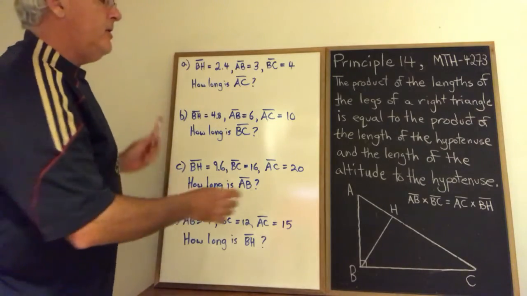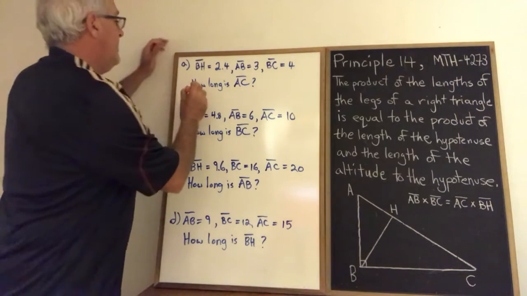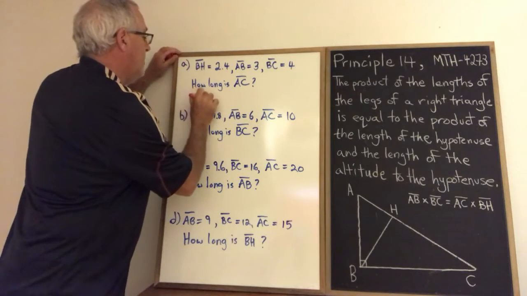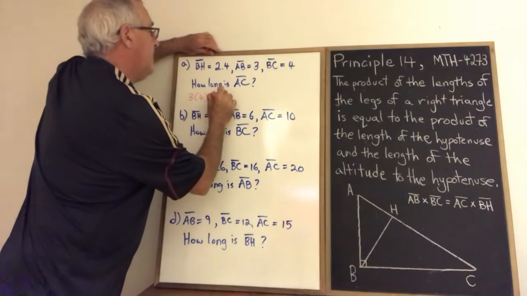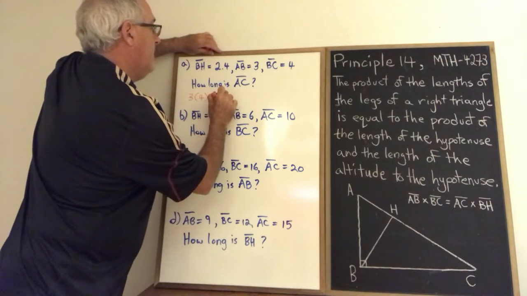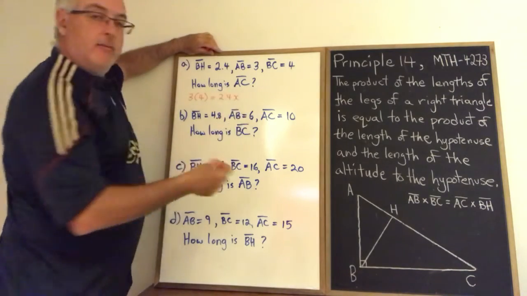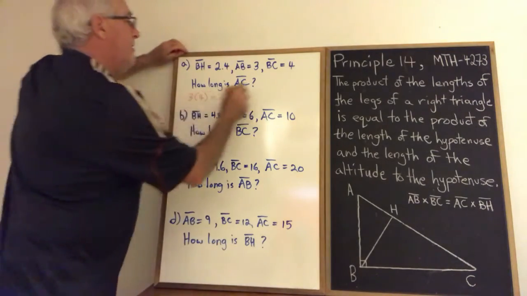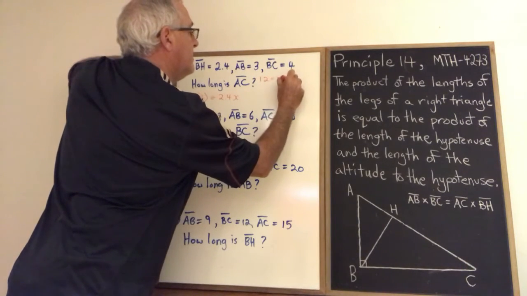So, to use this little formula, AB times BC in this case is 3 times 4. And that's equal to AC times BH, which will be 2.4x, are unknown. Therefore, 12 is equal to 2.4x.